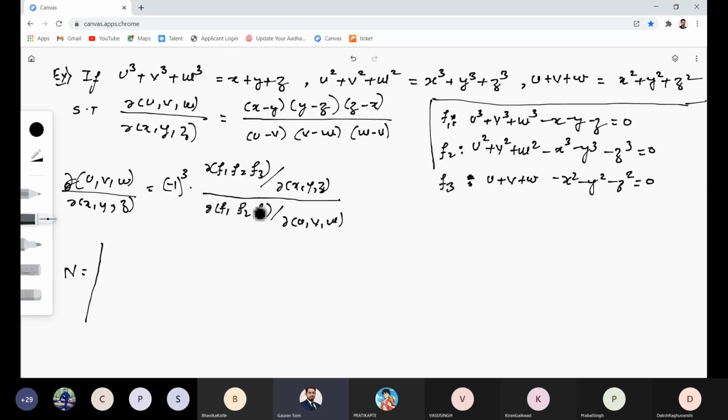What is the numerator? F1 with respect to x minus 1, F1 with respect to y minus 1, F1 with respect to z minus 1. F2 with respect to x minus 3x square, with respect to y minus 3y square, with respect to z minus 3z square. Third one: minus 2x, minus 2y, minus 2z.